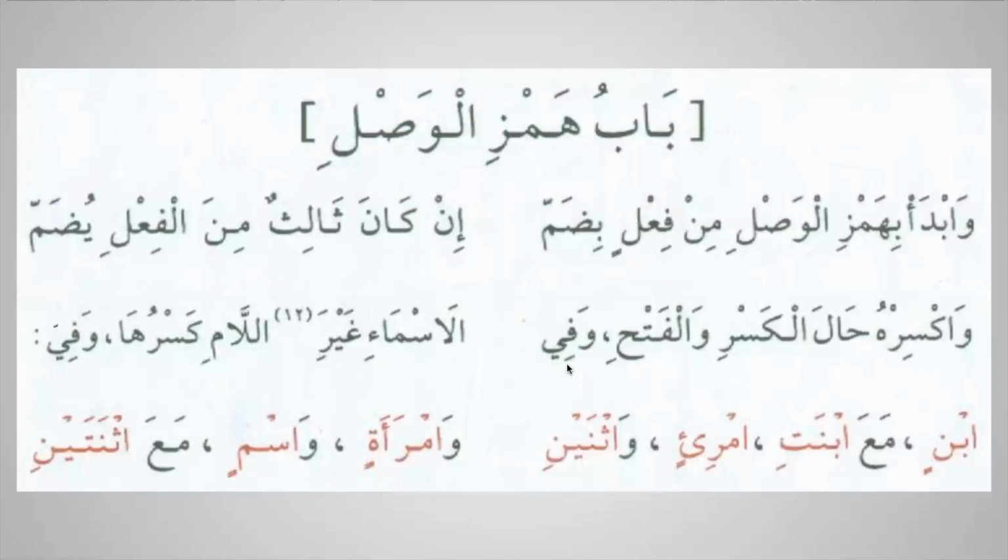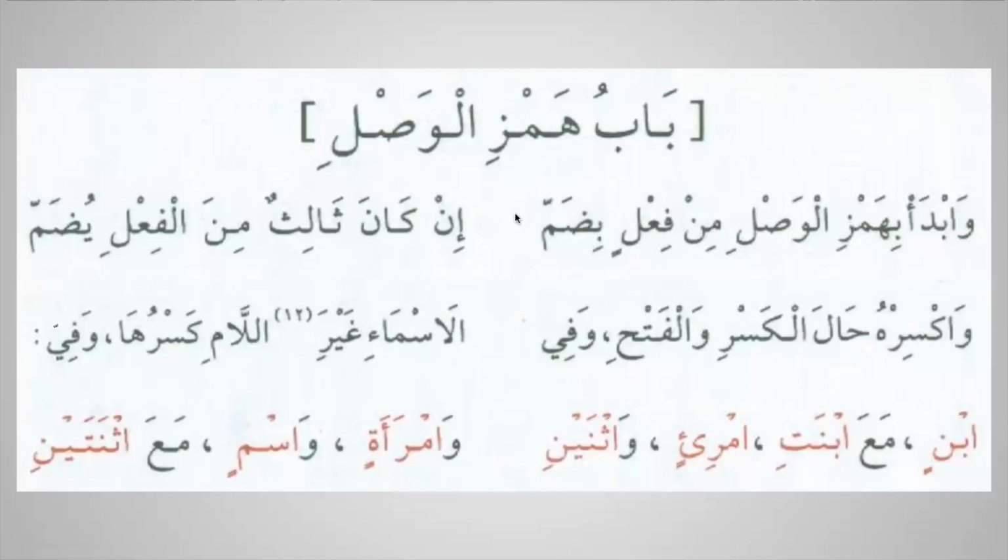So this is wafi, meaning and in, and wafiyun, meaning it is present or it is available. And then he lists a series of nouns that have kasra on them just because that is the way we have heard it from the Arabs. So these are the words that appear in the Quran: ibnin, ma'abnatin, ri'in, wathnaini, wamra'atin, wasmin, ma'athnataini.